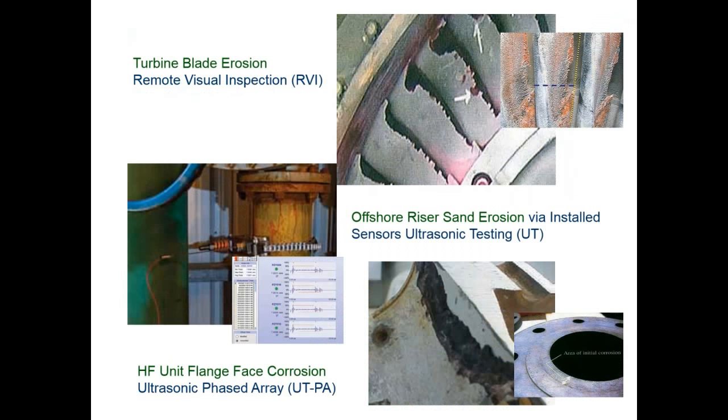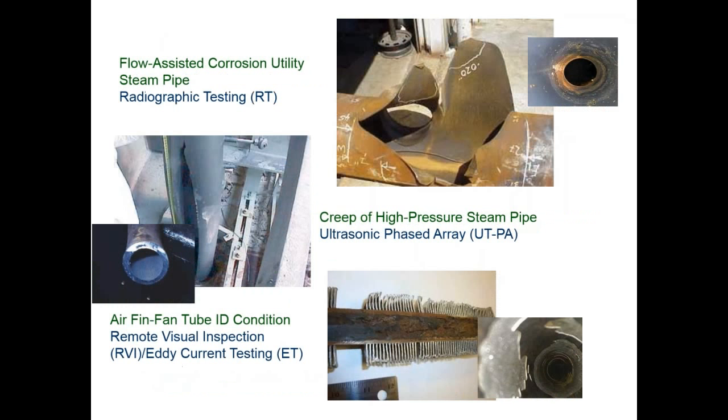Turbine blade erosion, a simple visual inspection with a remote camera is possible. Offshore riser sand erosion, in general, a lot of coatings can be evaluated by single-site ultrasonic testing, or larger areas can be accessed through phased array UT testing. Again, radiographic testing can be used to look at areas with an instrument, to look at, let's say, flow-assisted corrosion in a steam pipe.